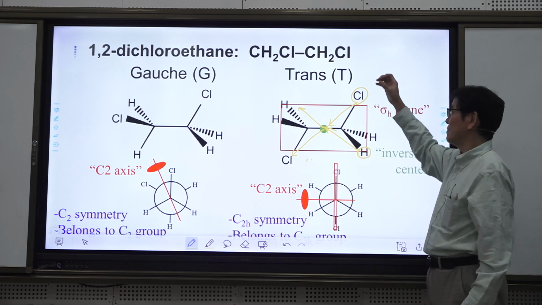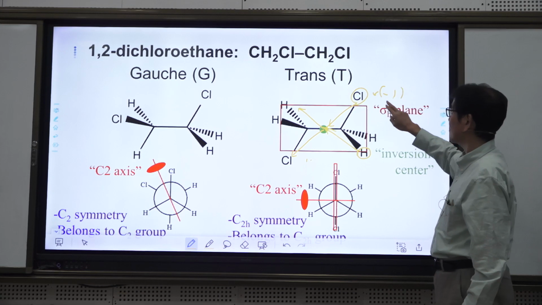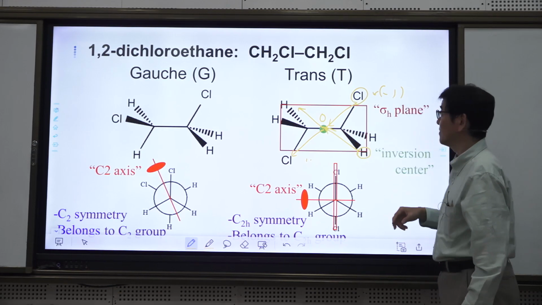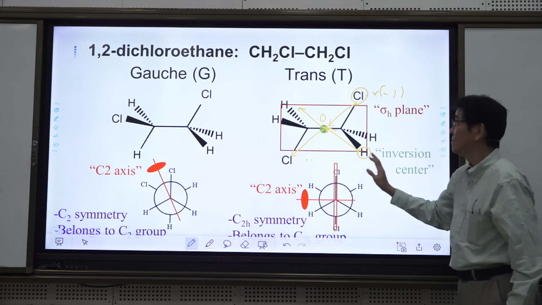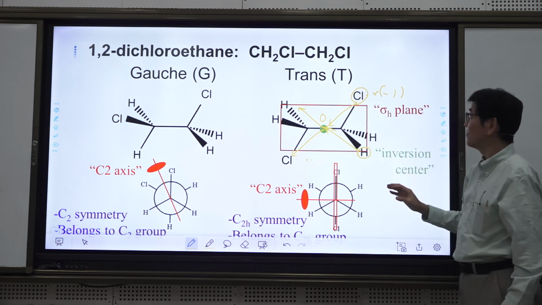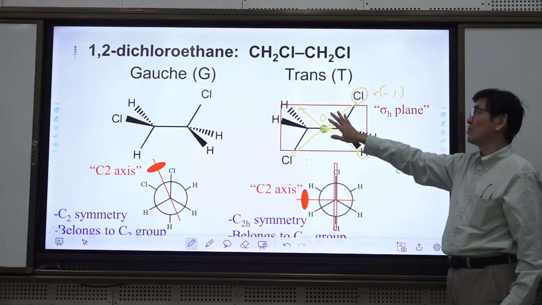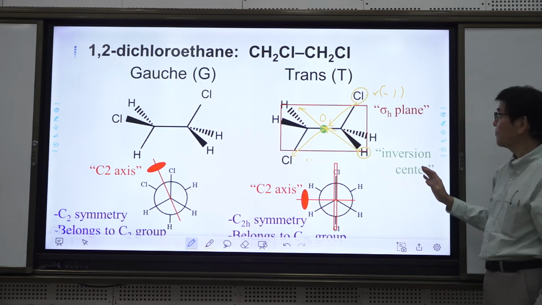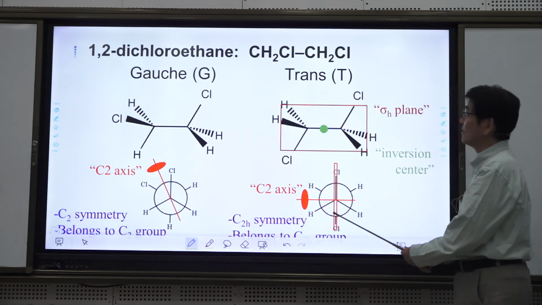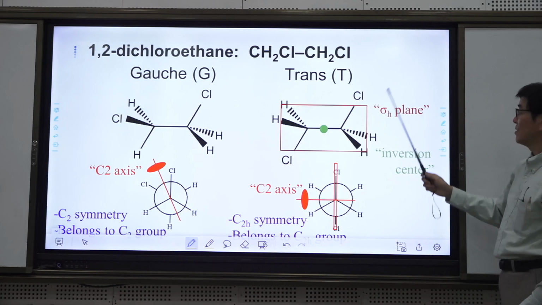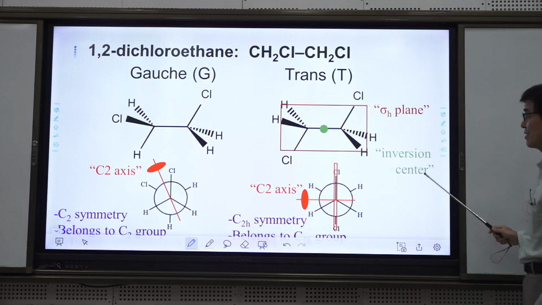If we multiply the coordinate by -1 and set this origin, then coordinate of each atom return to the same structure. In this case, we call it, this molecule has inversion center. Okay. So in the case of trans molecule, there is a C2 axis, sigma h plane, and inversion center.